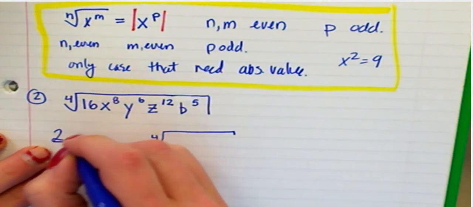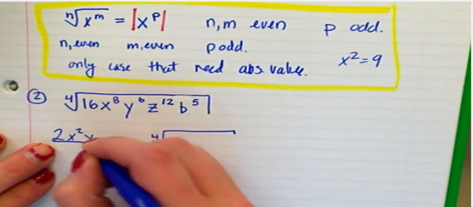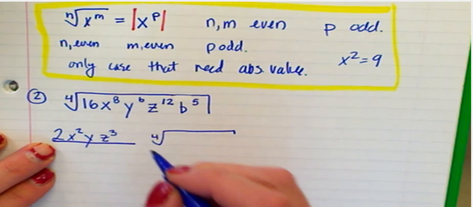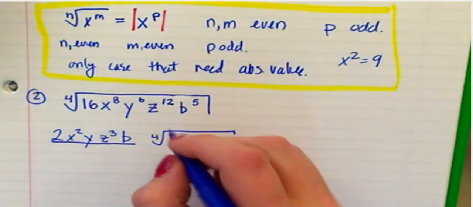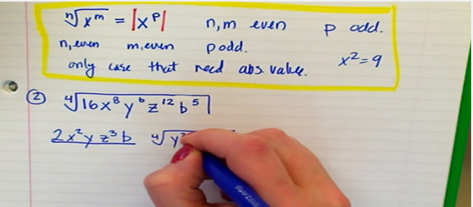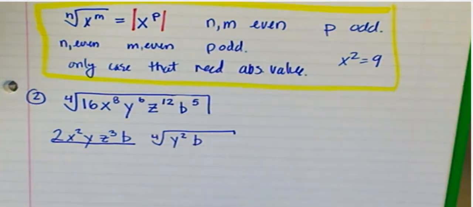Okay, so 2x squared y z cubed b, okay, there's your simplified radical. Then you pick up your pencil and you say, okay, do I need absolute value?